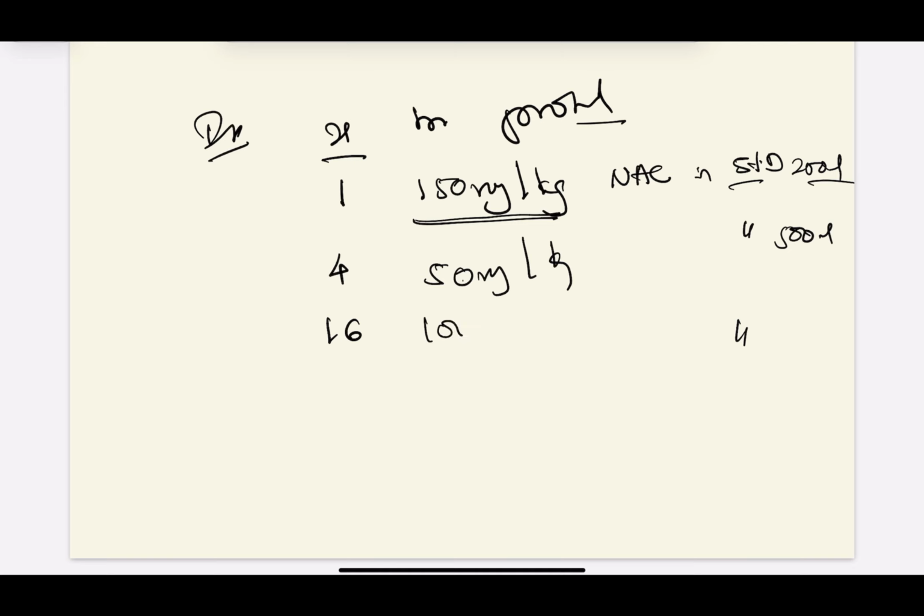Over the next 16 hours, 100 mg per kg in 1 liter of 5% dextrose.